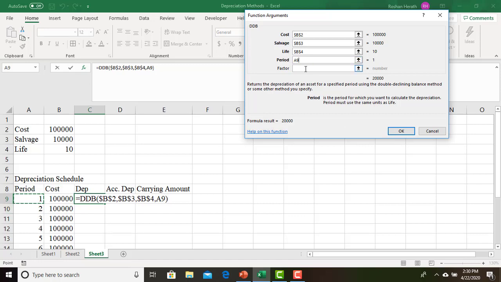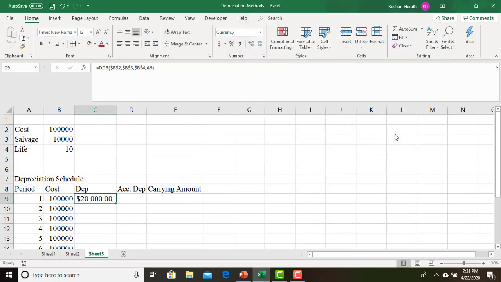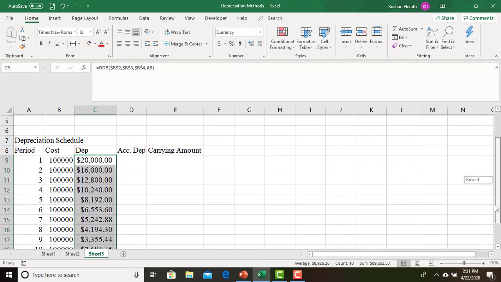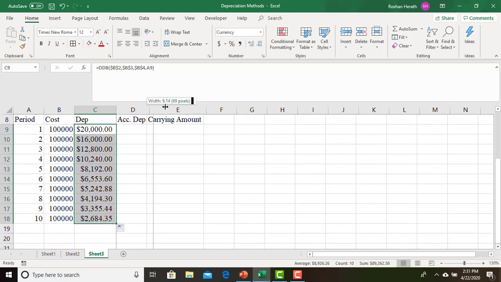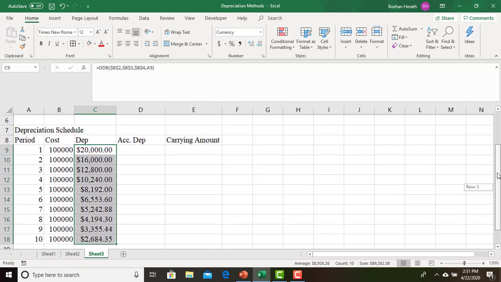We are going to ignore the factor because we want the double declining method. If you want to change the factor, you may do that and you can witness it, but I'm not going to change that. Say okay. See, it comes as 20,000, then 16,000, 12,800. When the asset ages, you can see a lower depreciation being charged.